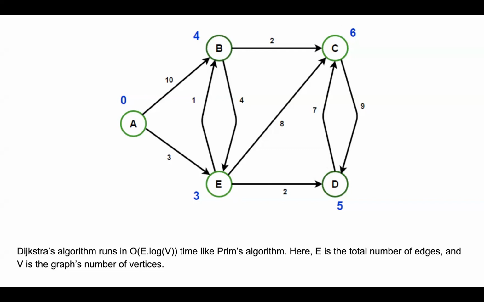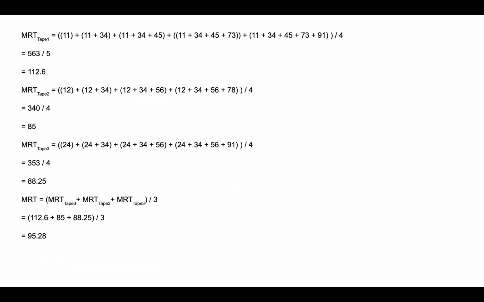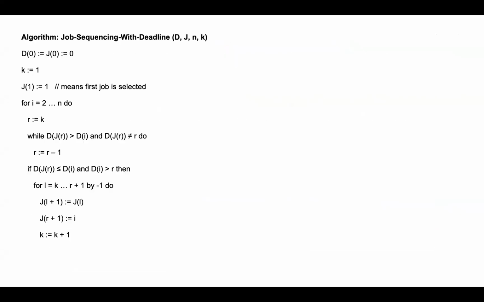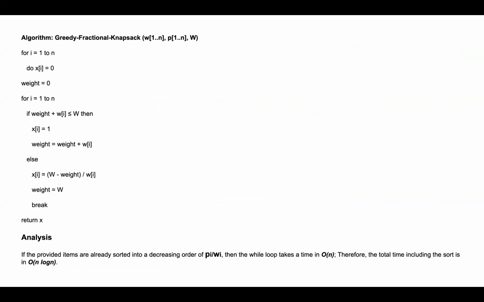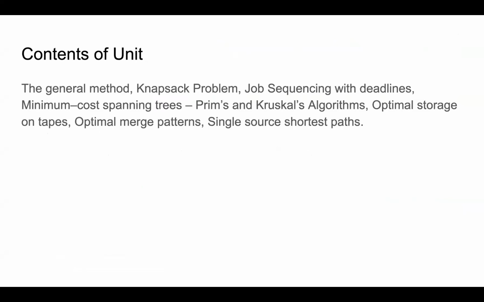It is the end of our third unit, in which we have almost covered all the bits. There was the knapsack problem. Then job sequencing with deadlines. There was some problem with its algorithm; we will surely cover that also.